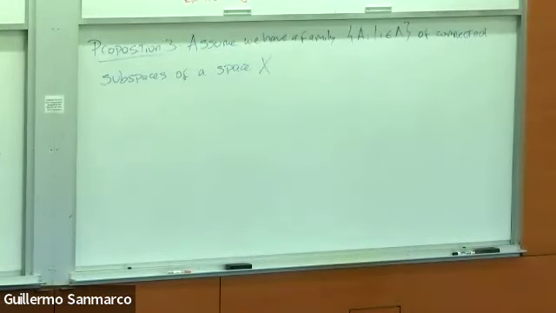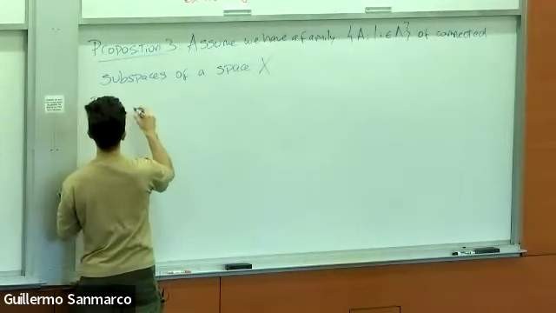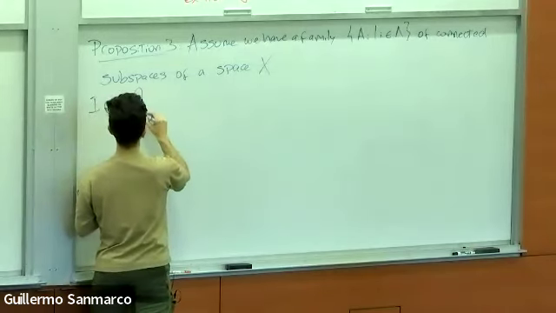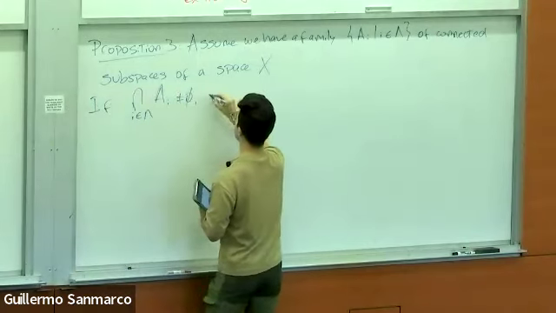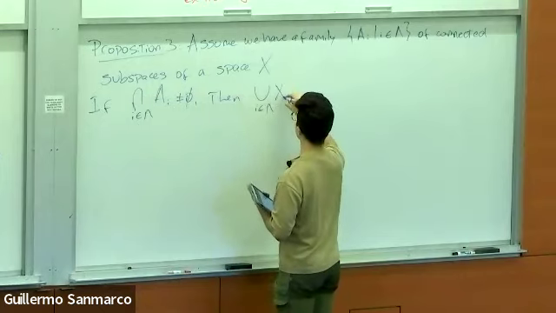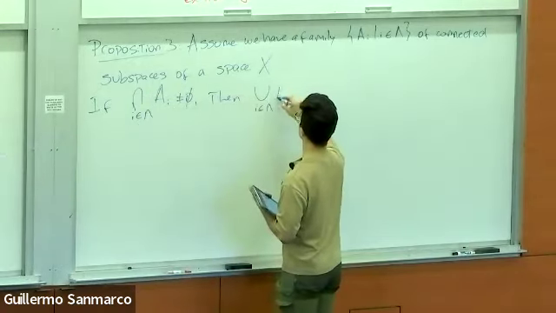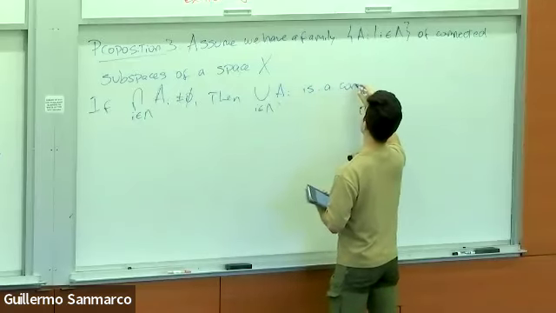Of course, the union of connected things need not be connected, but if you are sure that there is something in the intersection, then the union of the A_i's is a connected subspace of X.